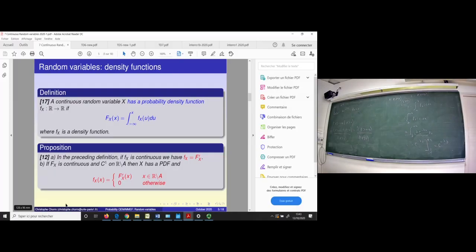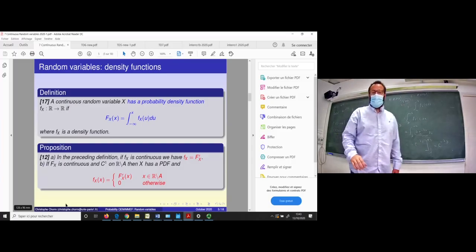So I can now plug in what I have obtained: the probability that X is strictly greater than x plus y over the probability that X is greater than x. Exponential minus lambda (x plus y) over exponential minus lambda x. With simplification, that is just exponential minus lambda y.